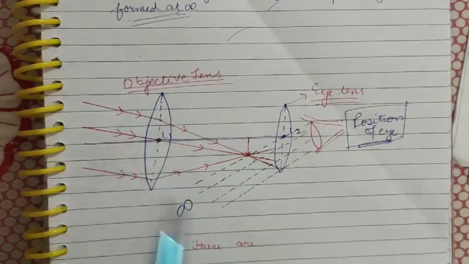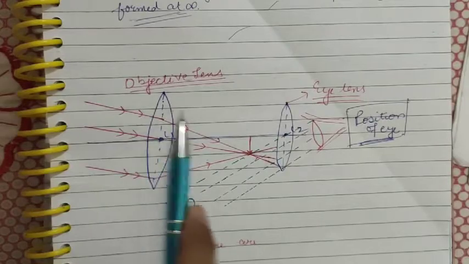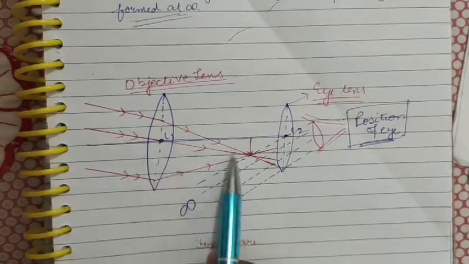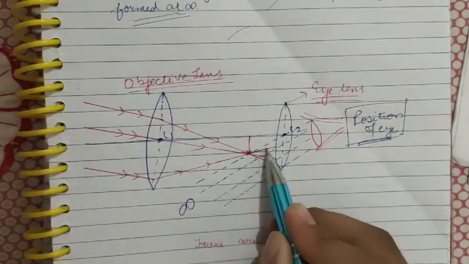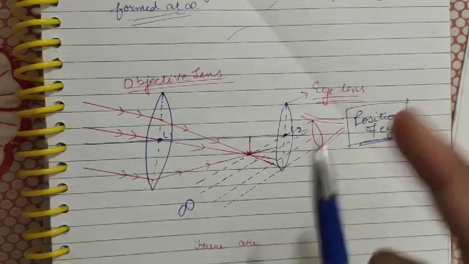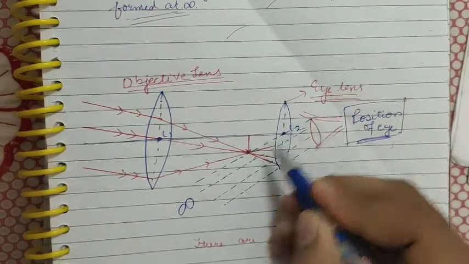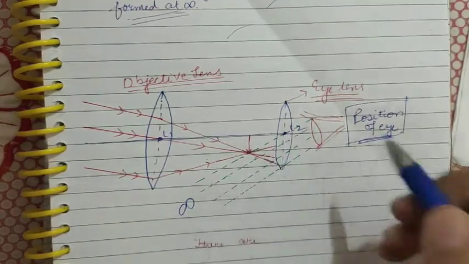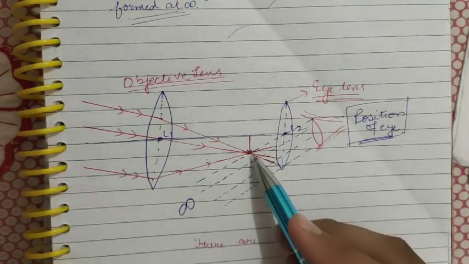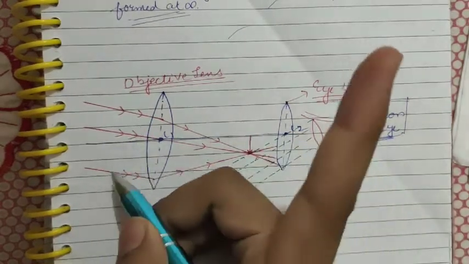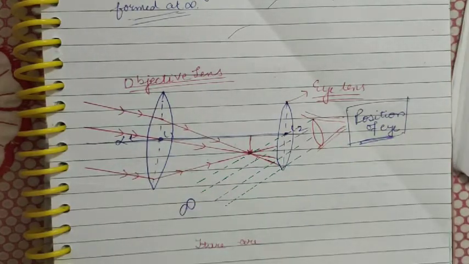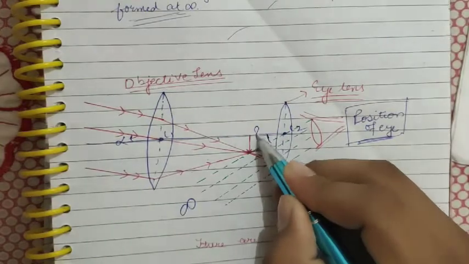Some rays, not parallel, inclined at some angle, strike the objective lens and refract. Here the image will be formed. This ray goes here. Now we have to do the same thing. This ray appears to converge, which means the image is formed at infinite distance. And the initial object makes an angle alpha and the final image makes an angle beta.